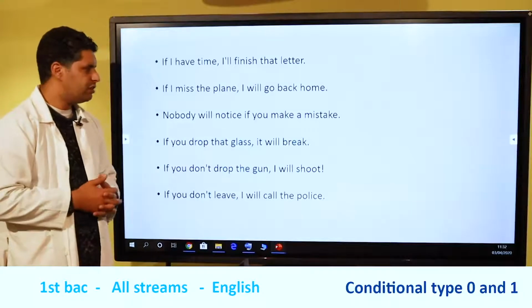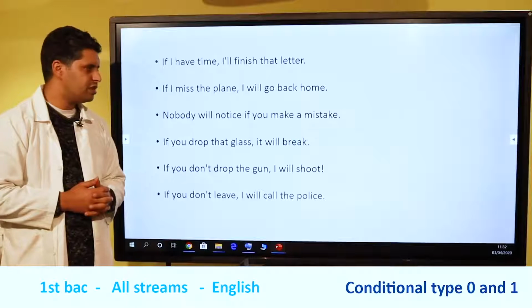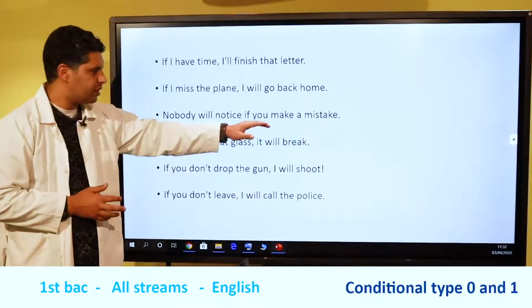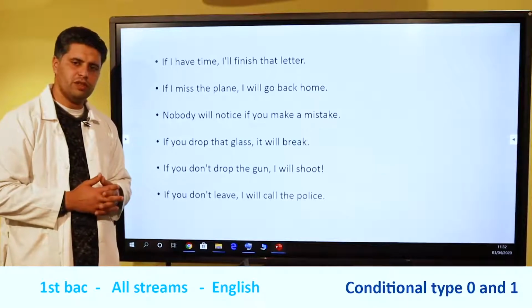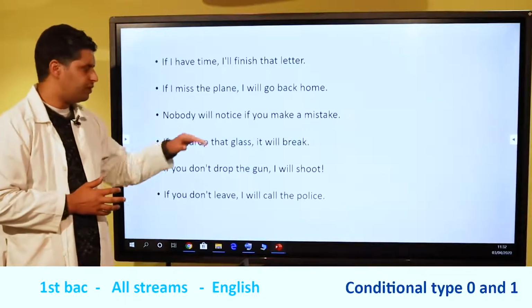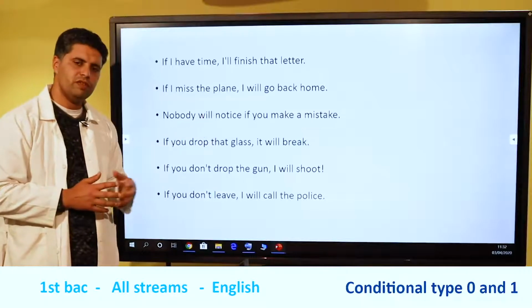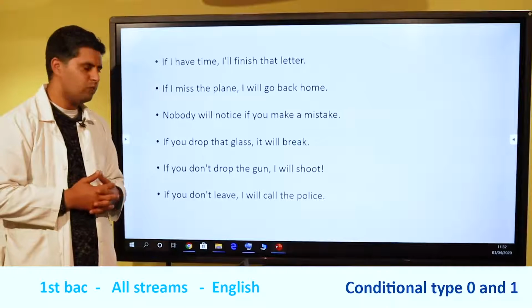Nobody will notice if you make a mistake. So here we have started with the result. Then we have the second part, the part that shows the cause, as you can see. Here we have the future simple because it is the result. The verb is to notice, and with the future simple we have to say will notice.